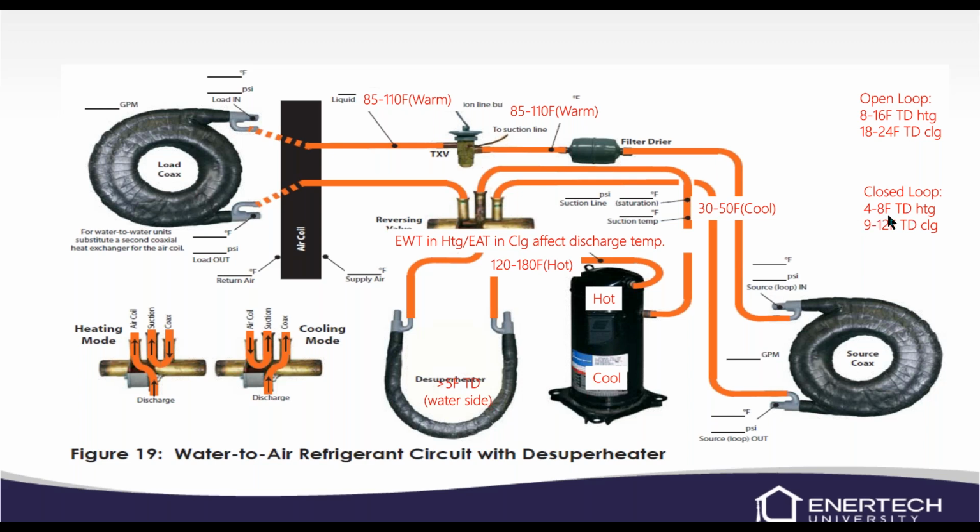So 4 to 8 in heating and 9 to 12 in cooling on a closed loop. Open loops, we'll use 1.5 GPM, and closed loop, we normally use 3 GPM. And so the slower you move the water, the greater the temperature difference, and vice versa. The slower you move it, the greater the temperature difference.